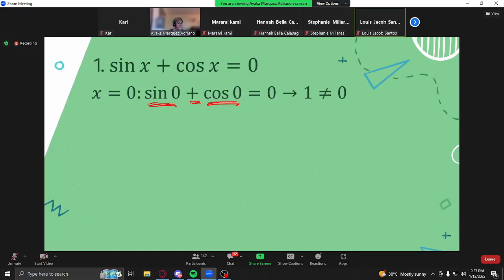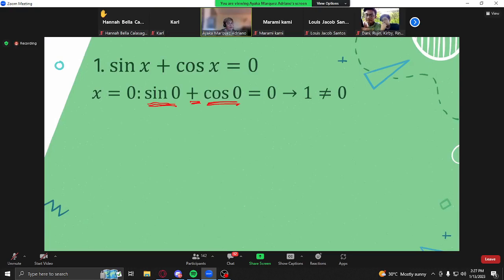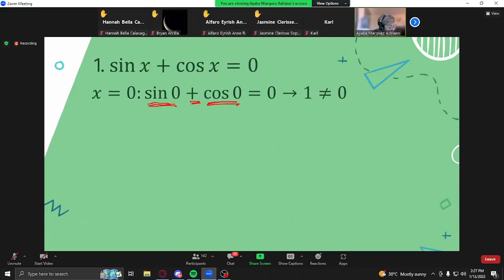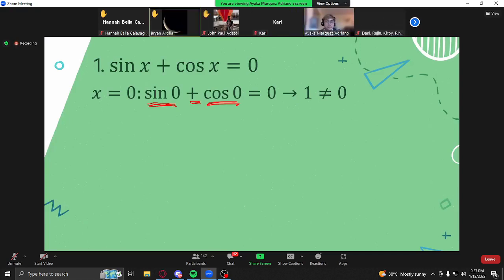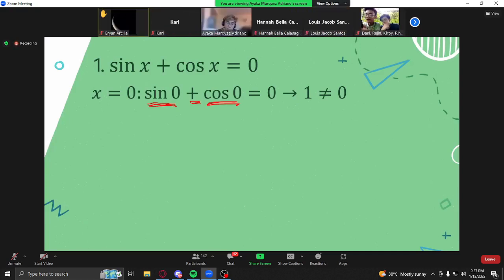What is the answer? Brian? 1 po. Pero it is not equal to 0 kasi ang hinahanap natin kailangan equal siya sa 0. So we cannot accept 0 radians as the correct answer.